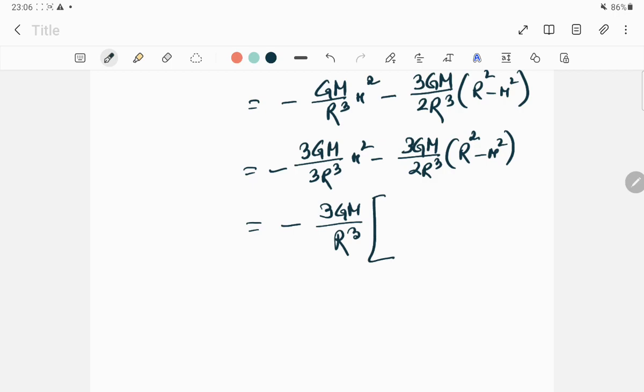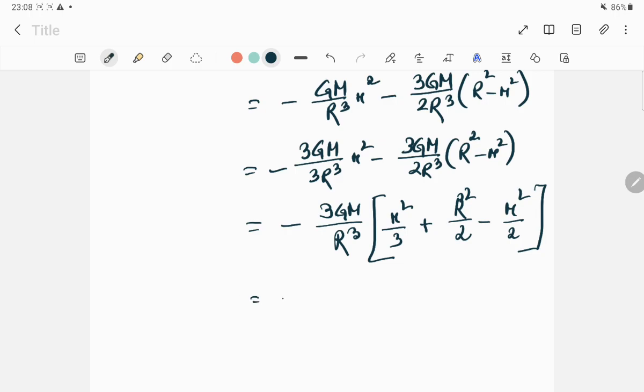Okay, so what will we be left with? r square by 3, so it will be r square by 3 minus, since we have already taken the minus outside, it will be plus, and this will be minus.